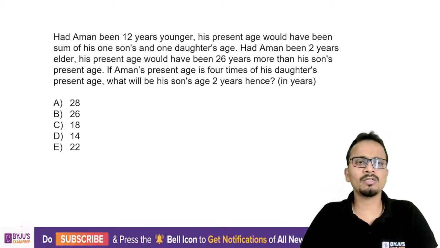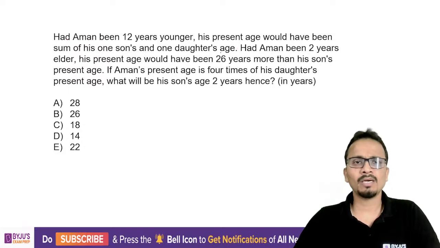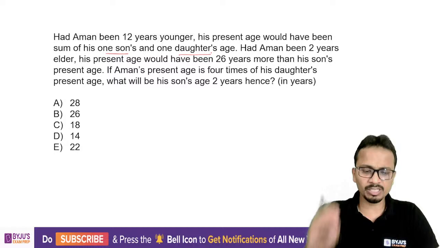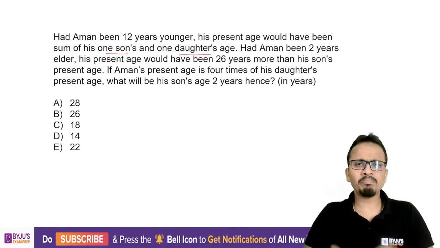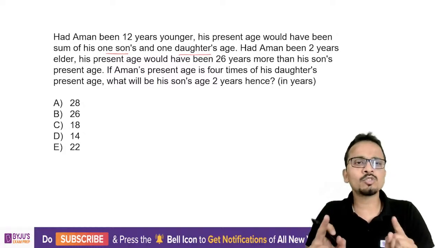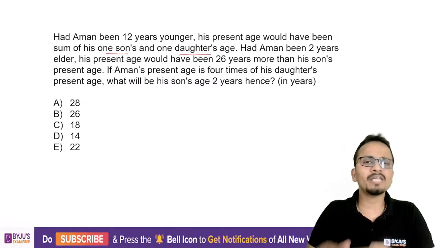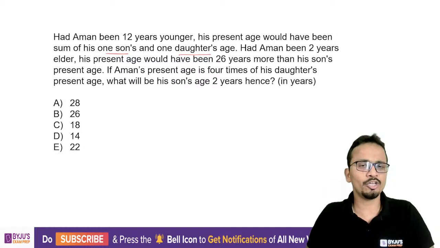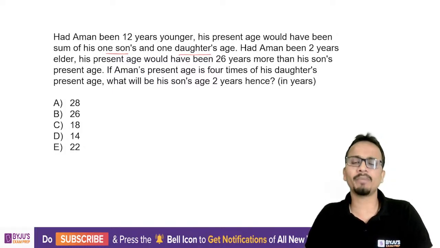Look at all the people who are involved in this question. Aman, his son, and a daughter. So these are 3 people who are involved. Just keep making equations. Just keep reading these statements one by one and interpret the information that you will have in your hand and make proper equations.